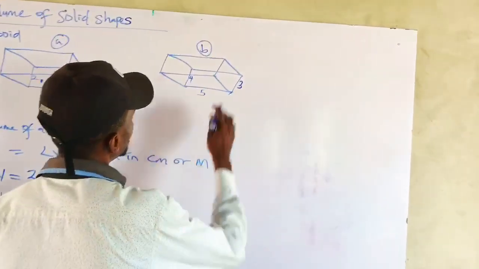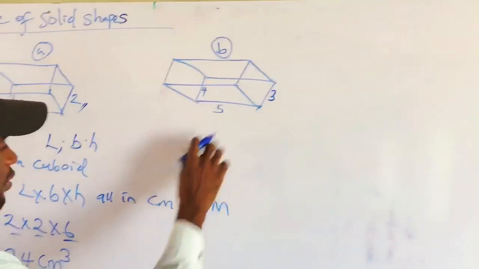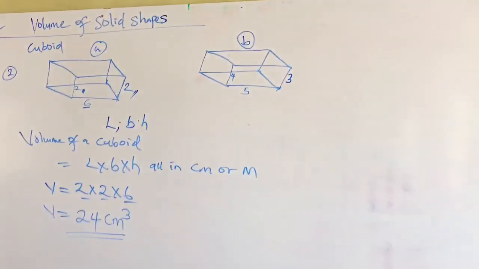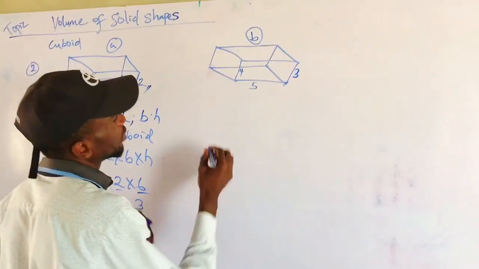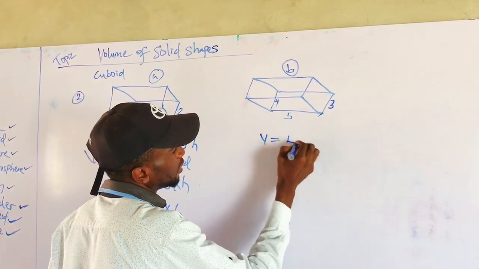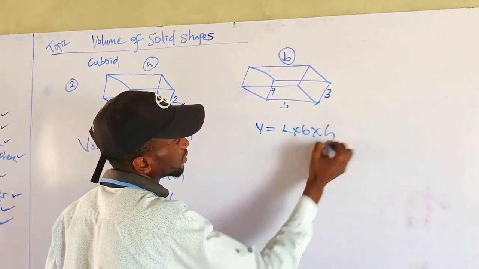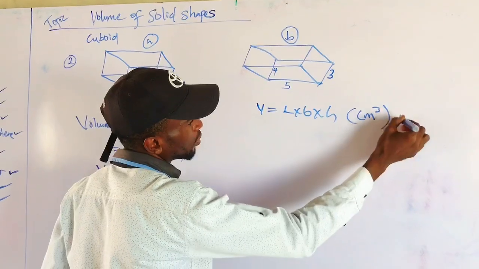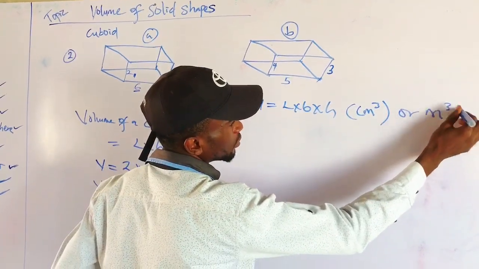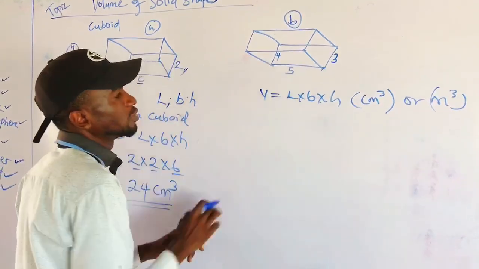Now, the next question asks us to calculate the volume of this cuboid. I told you the formula for the volume of a cuboid is length times breadth times height, all in cm cube or meter cube. Now this is what we are having.